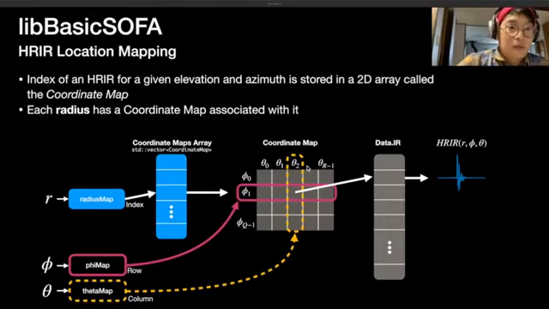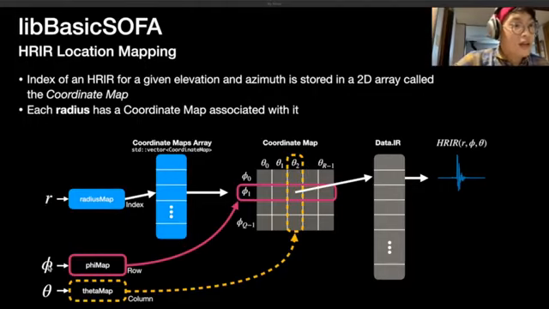Now, for one radius, the azimuth can range from, for example, 0 degrees to 180 degrees, but for another radius, it could range from 0 to 360 degrees. So that range is not constant between two radii. For this reason, each radius has its own coordinate map associated with it, and that's why we store the coordinate maps in an array.